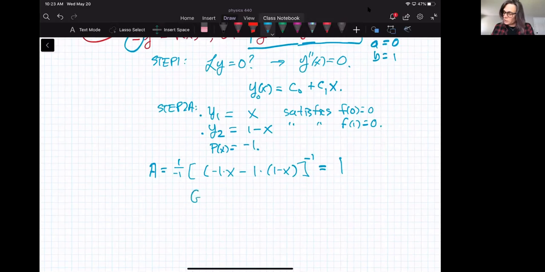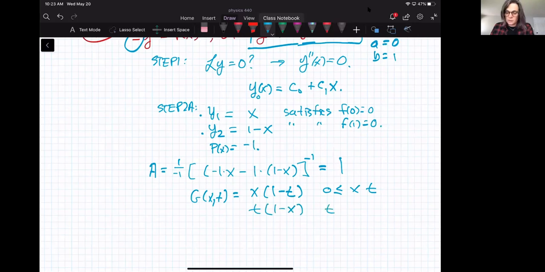That means that g of x t is equal to x times 1 minus t for x between 0 and t, and equal to t times 1 minus x for x between t and 1.